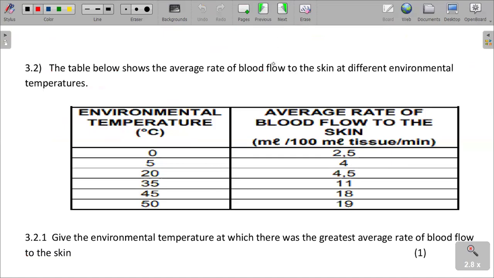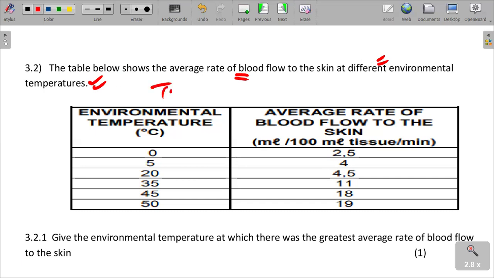Let's just check the next question. The table shows average rate of blood flow to the skin at different environmental temperatures. Blood flow, which we are talking about in this case, as for matric students, I'm sure the moment you see this one, you are going to relate it to temperature regulation.